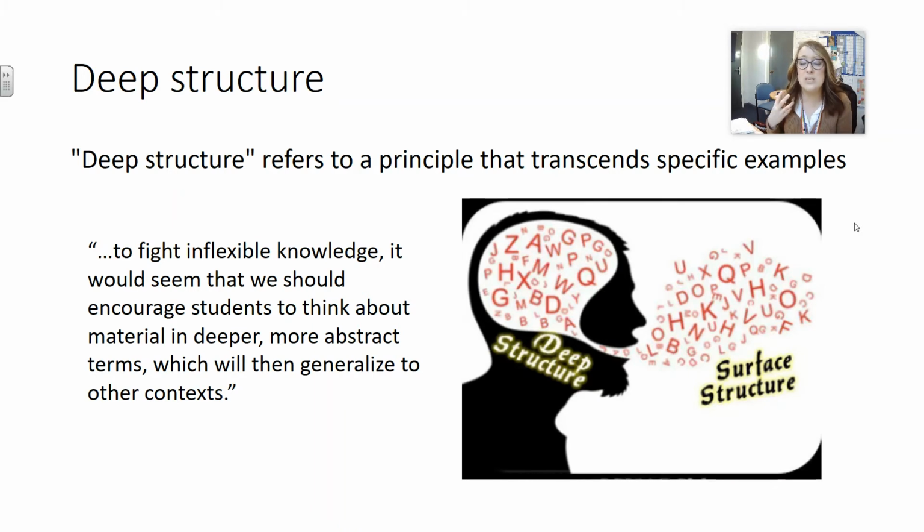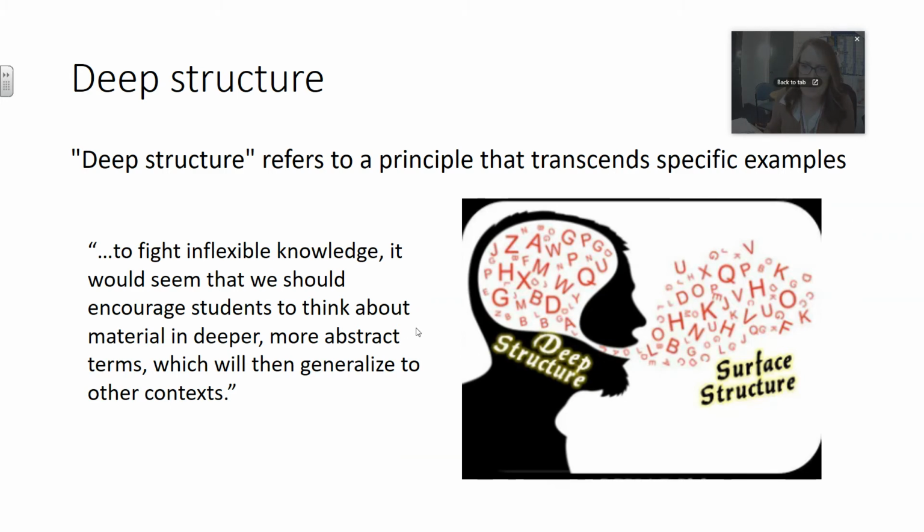So Willingham says we need to fight inflexible knowledge by encouraging students to think about their material in a deeper, more abstract way. They can then generalise this to other contexts. That in itself, though, mustn't be at the cost of the inflexible knowledge in its own regard, because it's not useless, it's a process towards something that is useful.